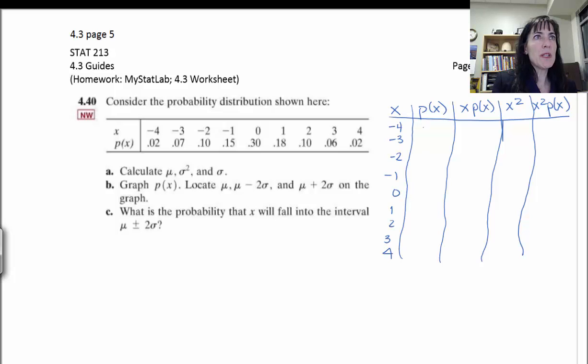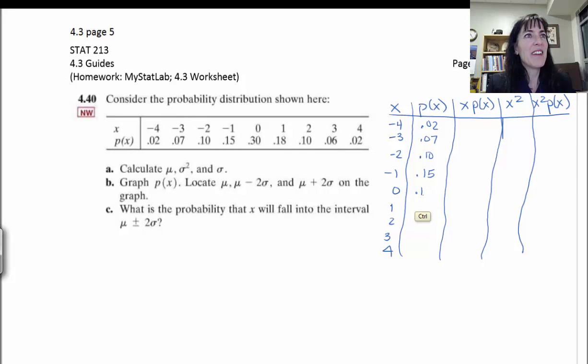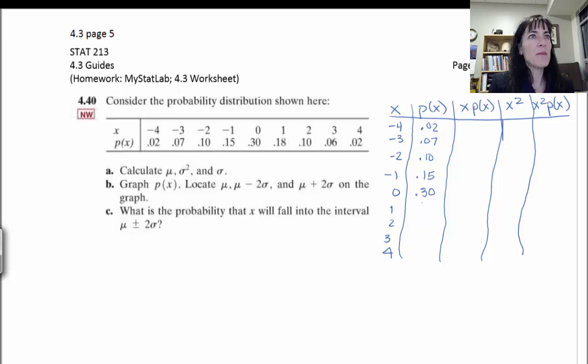And then I have probabilities for each of those: 0.02, 0.07, 0.10, 0.15, 0.13, 0.30, 0.18, 0.10, 0.06, 0.02. And now I'm multiplying those together.